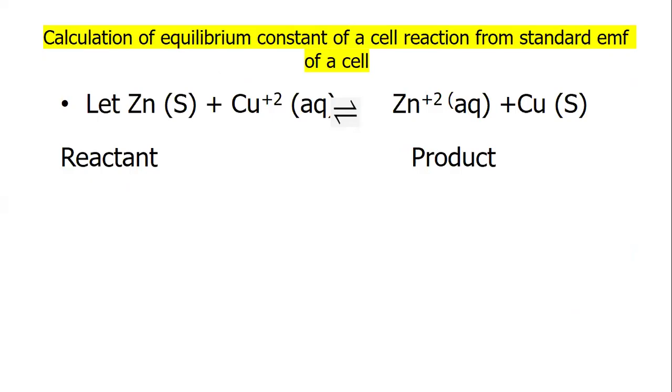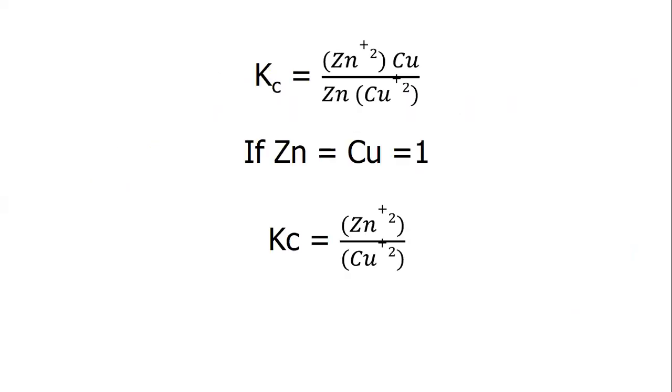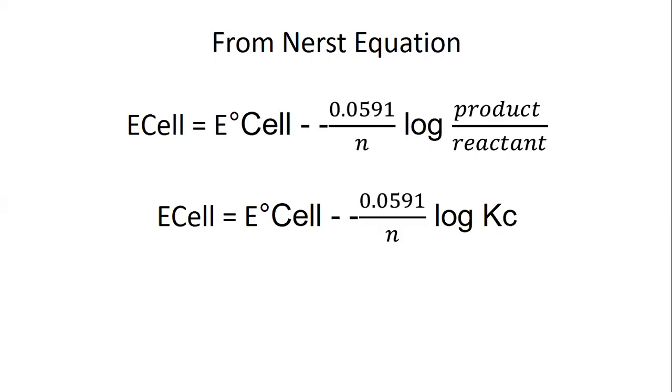Copper is reduced and zinc is oxidized. So Kc equals [Zn2+] over [Cu2+]. From the Nernst equation, E cell equals E naught cell minus 0.0591 over n log Kc.